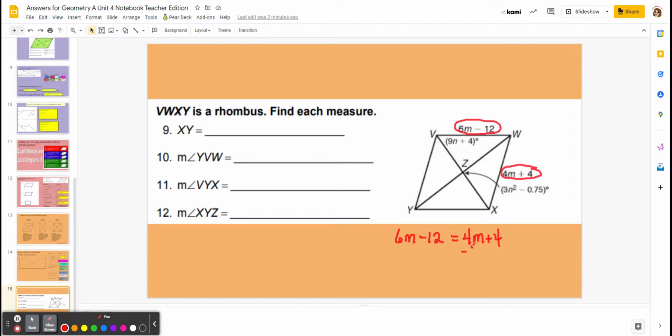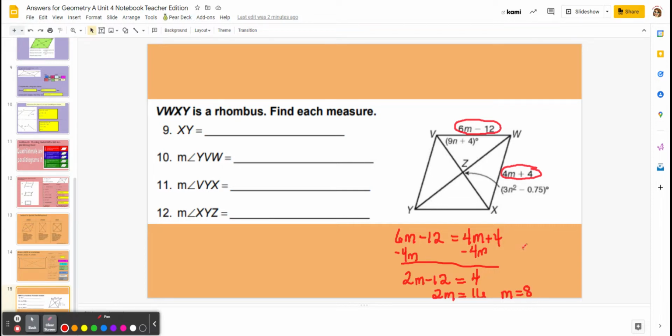And I can subtract 4m from both sides. Add 12 to both sides. And I find that m equals 8.